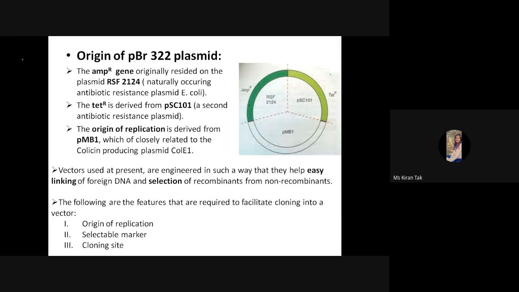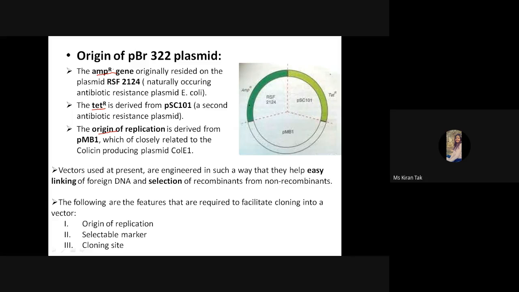How does the origin of the pBR322 plasmid come about, because it is an artificial plasmid? Natural plasmids are helpful in the synthesis of pBR322. There are three major regions of pBR322: the first is the ampicillin resistance gene, the second is the tetracycline resistance gene, and the third is the origin of replication.